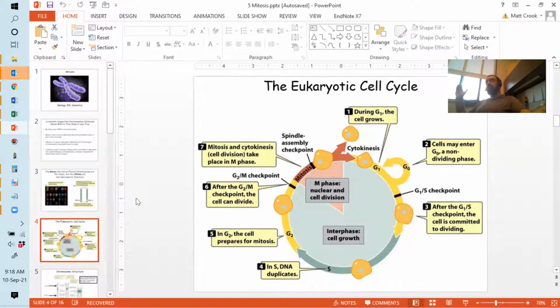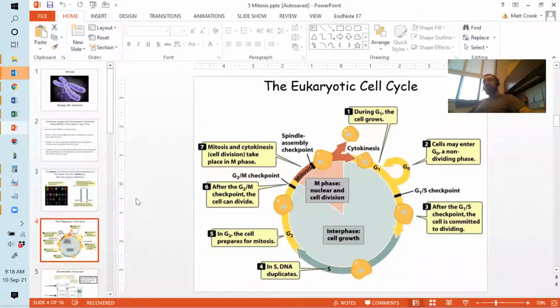And so cell division is extremely tightly controlled. That also means that when that control slips or lapses, problems happen.